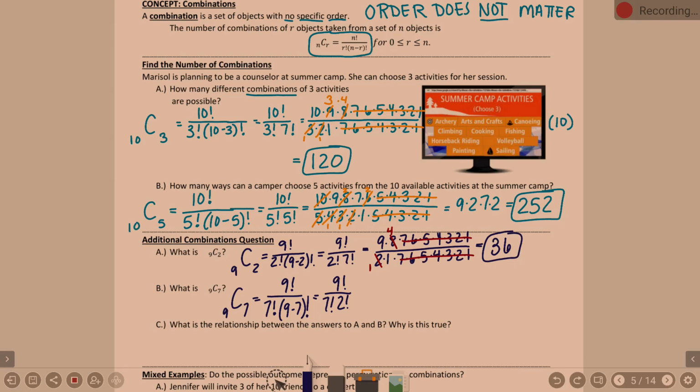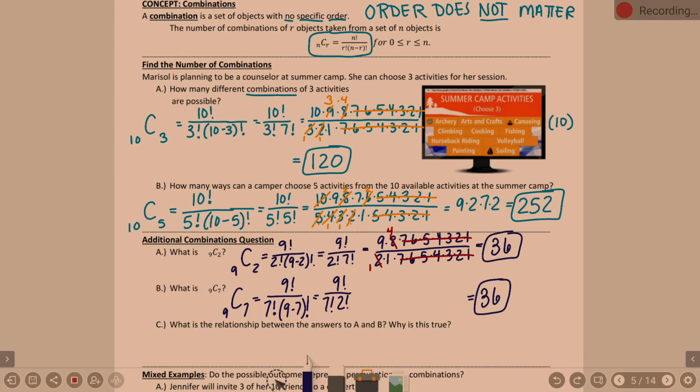Any thoughts about this before I put all my work on there? The top and bottom, is it going to end up being the same thing? Yeah, 9 factorial. It was 2 and 7, now it's 7 and 2. Does that order matter? No. It's going to end up being the same thing, and you're going to end up with 36 again.